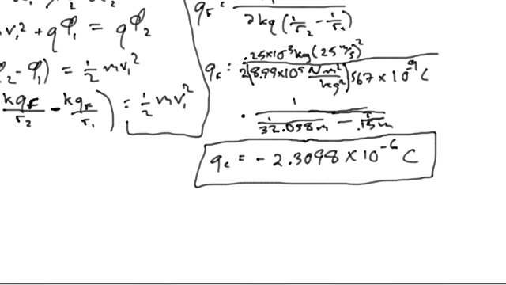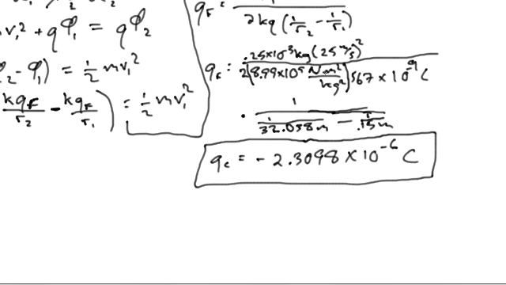Let's make sure the units work out. I got kilogram meters per second squared times meters. That's a newton meter. So I got, yeah, the units aren't quite working out for me.